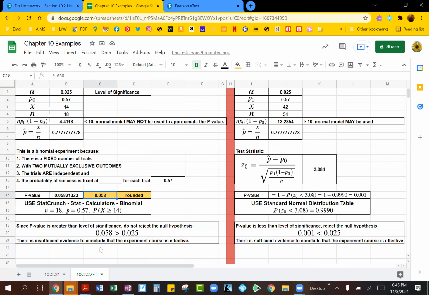Once you have that, you will compare your p-value with your level of significance, which is the 0.025. And of course, 0.058 is greater than 0.025.